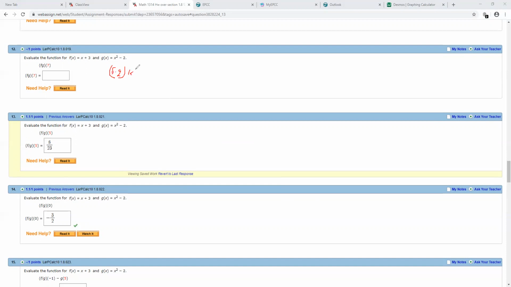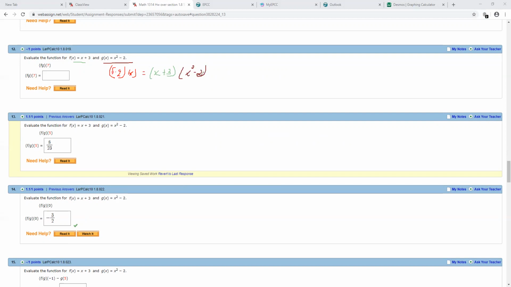At first we would write it with the x instead. And that would be, you just said it, x plus 3, which is f, and then g, x squared minus 2.